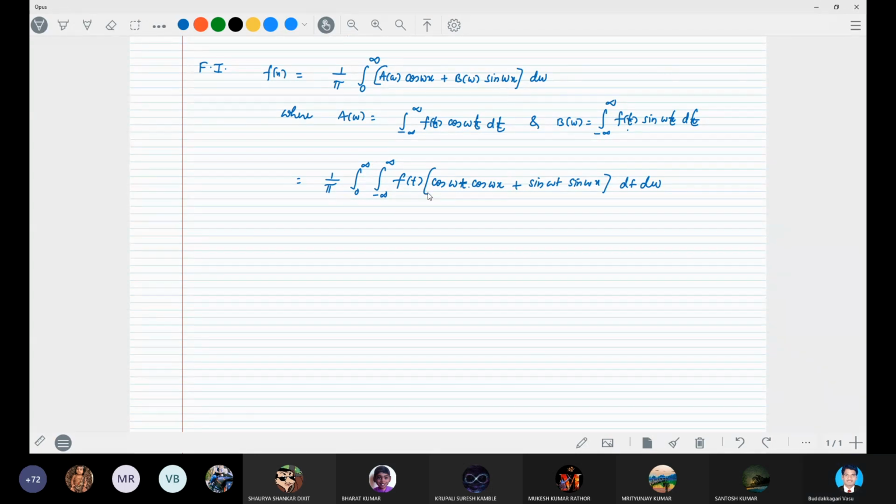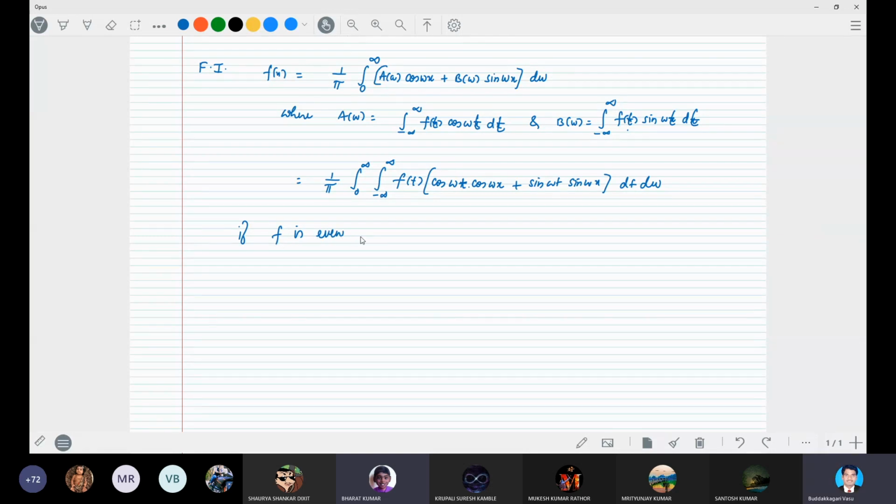Suppose f(t) is an even function, what happens? Can you say anything? Sir, it will become 1 by pi, 0 to infinity integration, with a 2 outside.